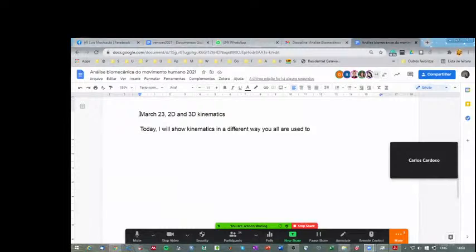It's not real adult age biomechanics. So it's for teenagers. So let's start. What I'm going to do is show you the real biomechanics, the real kinematics explanations. You will see the difference.